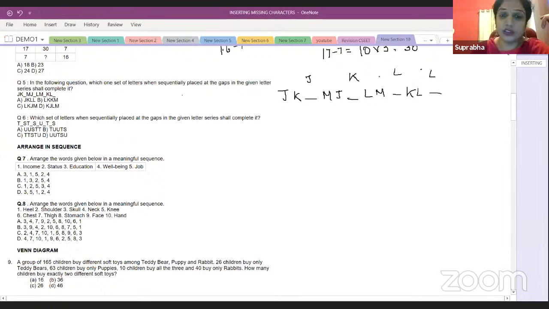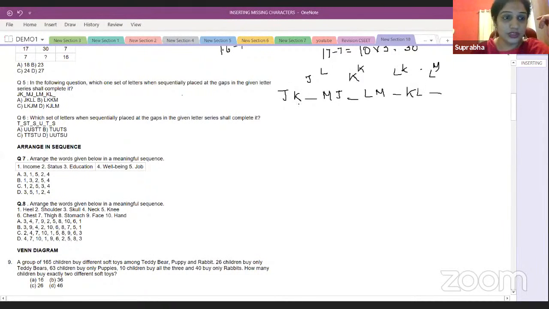Similarly, if I go for third also, L, K, K, M, even I don't think that will give me any pattern. See, J, K, L, M, J, K, L, M, after that is K, K, then LM. Again, no pattern.